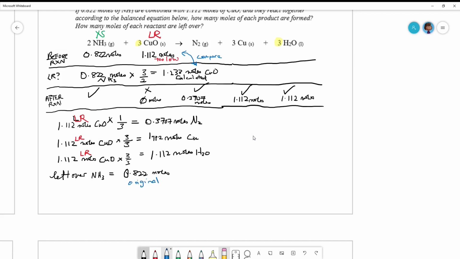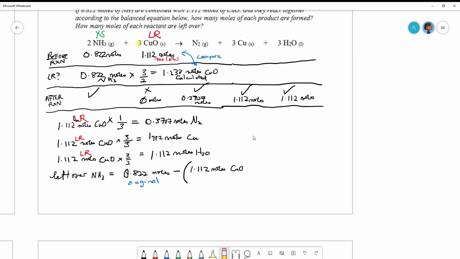And of that original quantity, some portion is used up. Now, how much ammonia gets used up? Well, that is determined by the limiting reactant. So our limiting reactant, 1.112 moles of copper oxide. Well, how much of that copper oxide actually reacts with the ammonia?